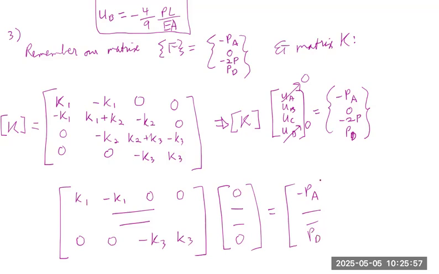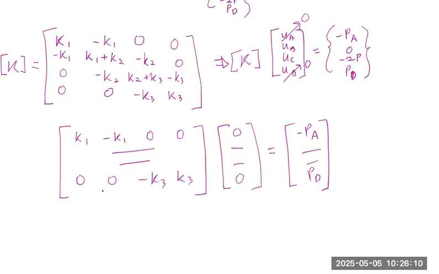And note that the curly braces and the brackets are just ways to represent the same matrix, so it doesn't really matter which one you use. And then performing matrix multiplication, oh wait, hold on. Actually, these two entries UB and UC do matter, because they give us one equation that will equate to negative PA.